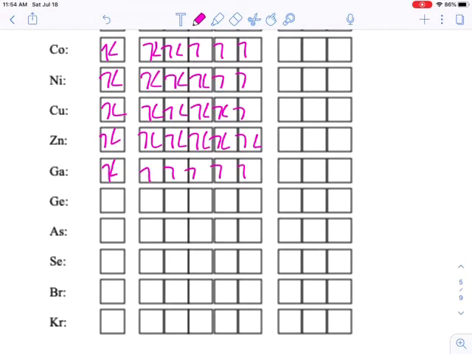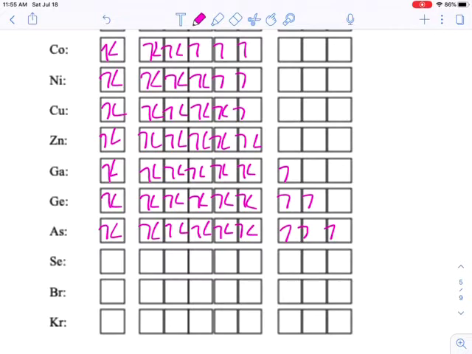By the time we get to gallium now, we've got 2, and then 1, 2, 3, 4, 5, 6, 7, 8, 9, 10, and now 1 over here in the P subshell. Germanium, 1, 2, 3, 4, 5, 6, 7, 8, 9, 10, and now 2 in this.